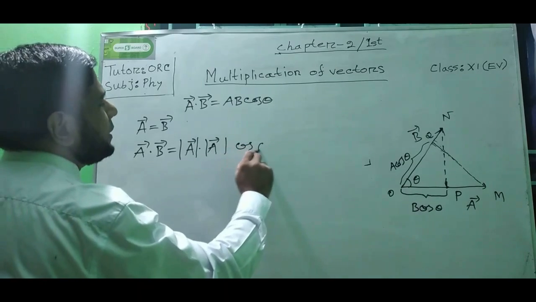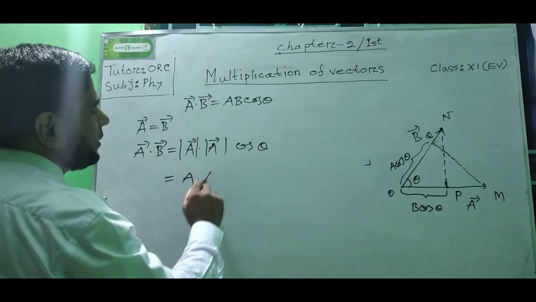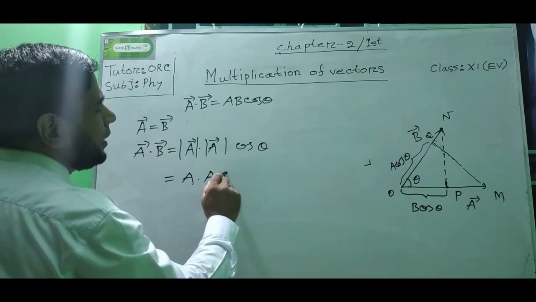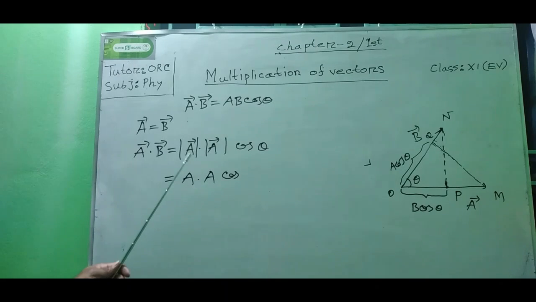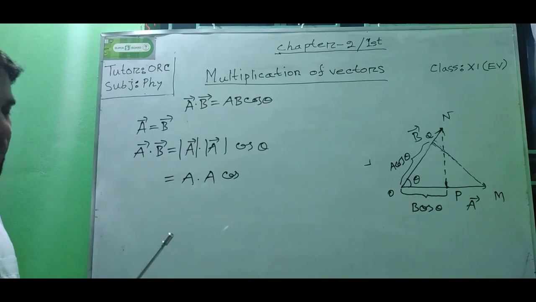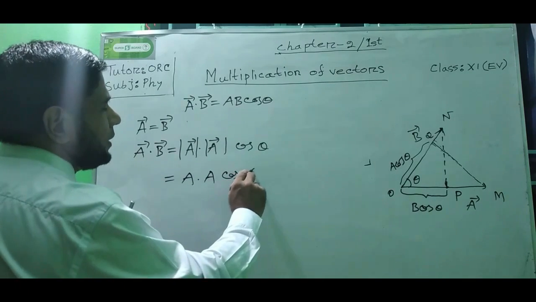Now cos theta, let us apply mod of A, and we know what will be the angle between vector A and A. In the case of similar quantity and similar direction, there will be no angle here, that means the angle will be 0 degrees.